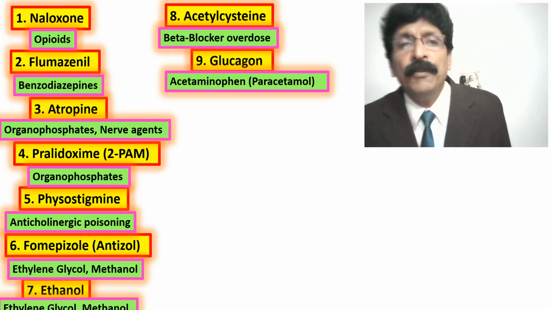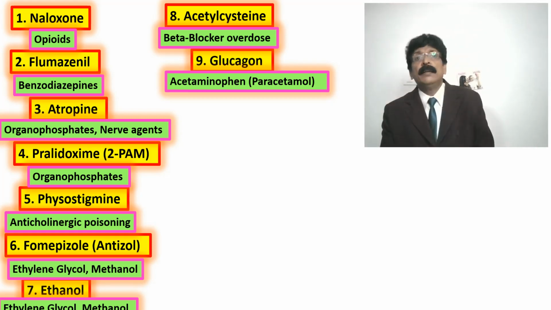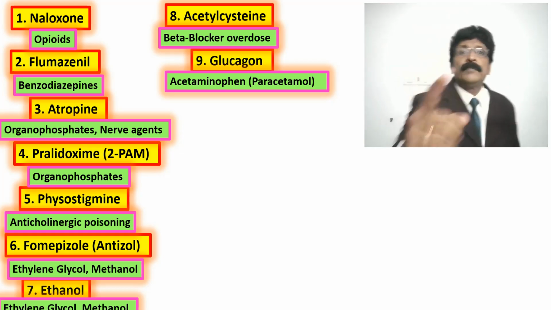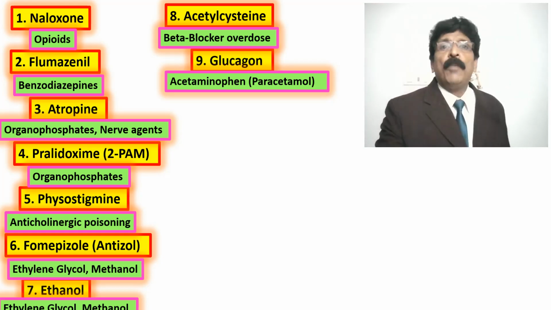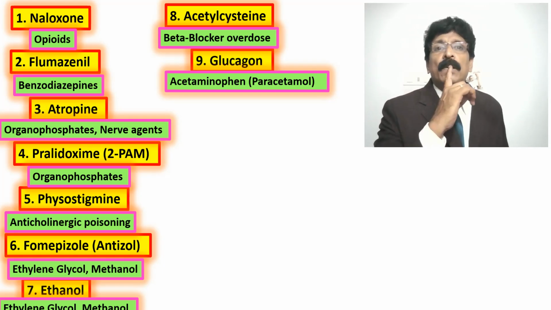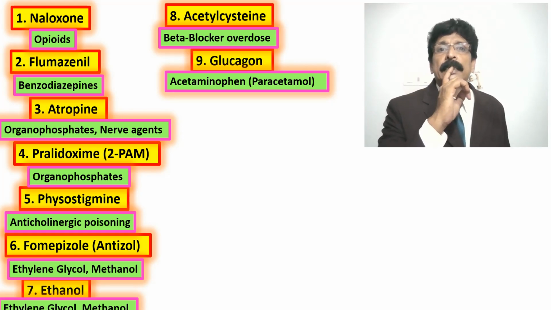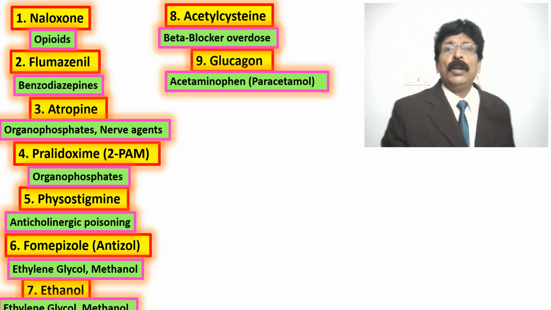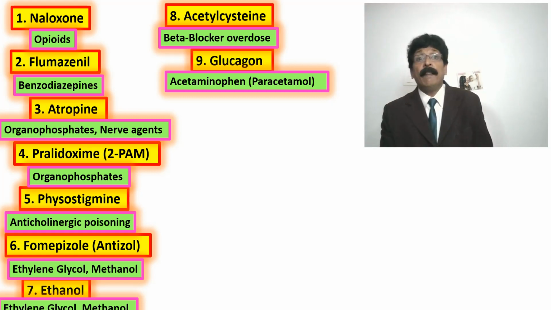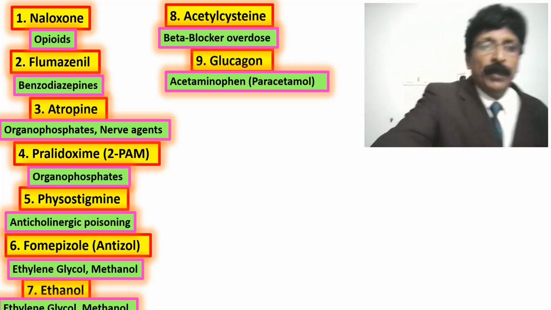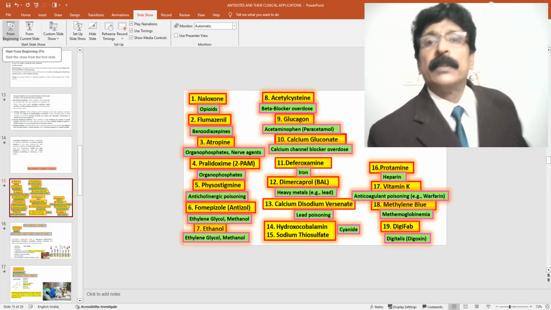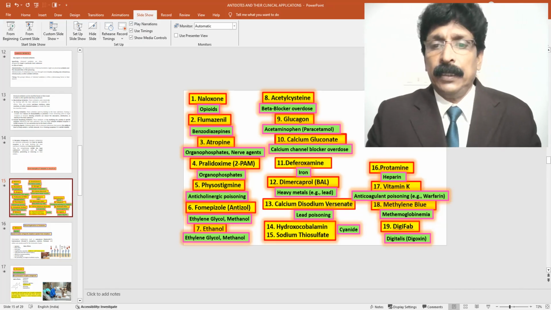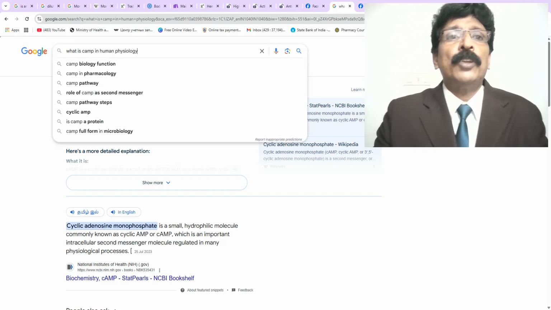I feel we have to correct it. Glucagon and acetylcysteine have a small variation. We will correct it. One minute, let me correct it, so that it will be easy for the students not to make a mistake.